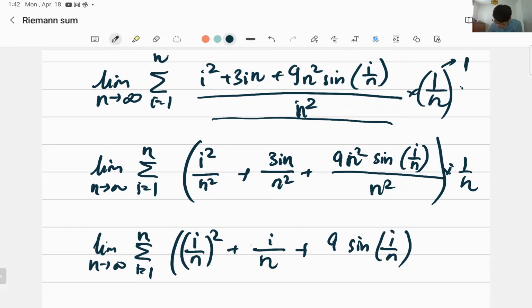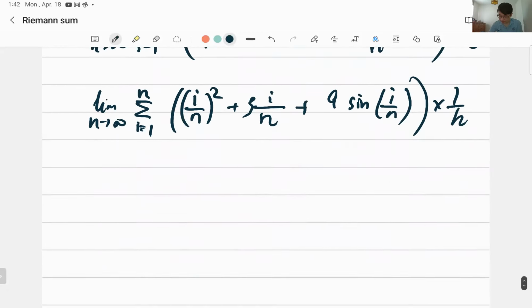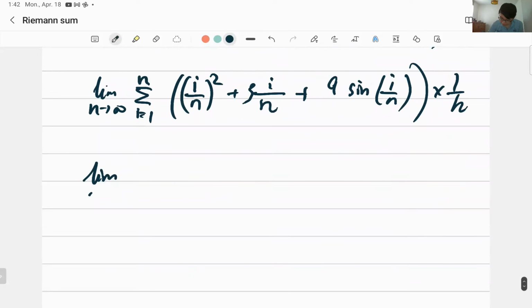So I can write the 3 here so we can see it nicer, times 1 over n, the limit as n goes to infinity, and i is equal to 1.